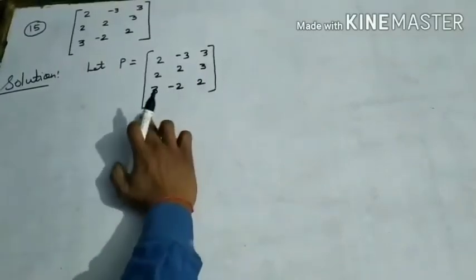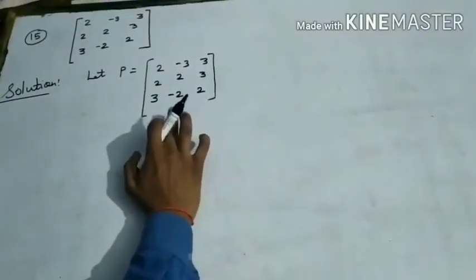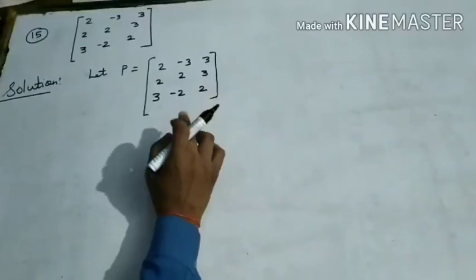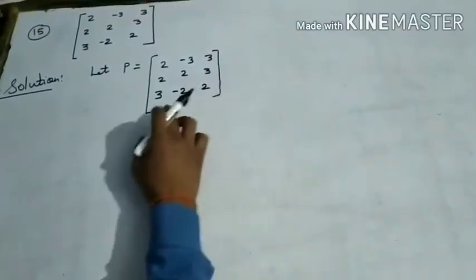Here to see again there are the two methods for finding the inverse of this 3 by 3 matrix. First one, elementary row transformation.